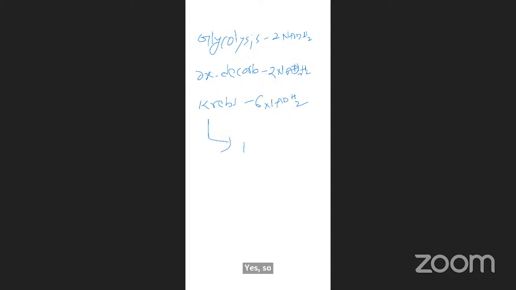Another coenzyme is FADH2. How many? 2 FADH2. What is our concept here? NADH2 finally produces ATP.